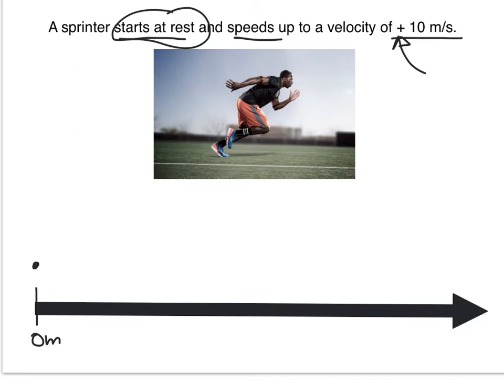He's traveling to the right because of that positive sign, so we would put another dot about where we think he would be 1 second later. And then he would be a little further along after that, further along after that, and then further along after that.